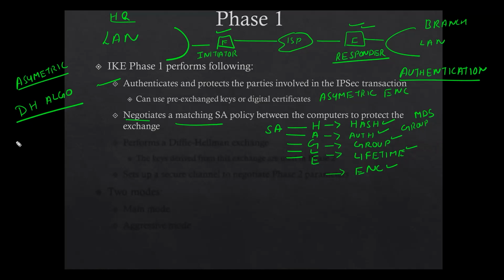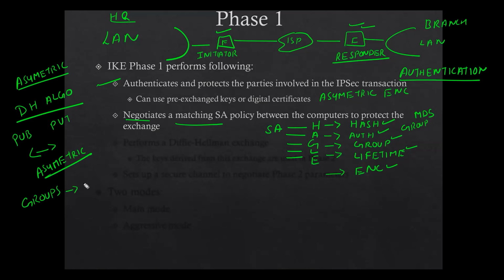We all know that there is a public key and a private key, and these get exchanged to finally come to a key which is asymmetric in nature, right? So the DH algorithm works with the help of public and private keys. Now the DH algorithm has certain groups.